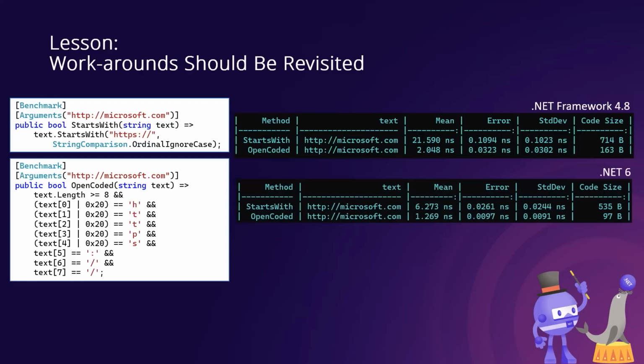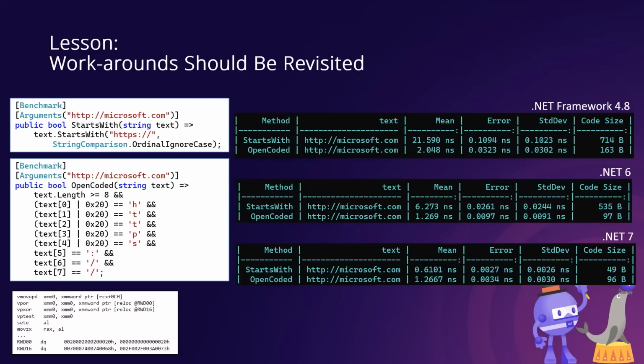But then let's say we run it on .NET 6. Well, it's still faster, but both of the numbers have actually gotten faster. The 21 nanoseconds has dropped to 6 nanoseconds. The 2 has dropped to 1. Still better, but is it worth it? Maybe. Depends on the use case. Now we go to .NET 7.